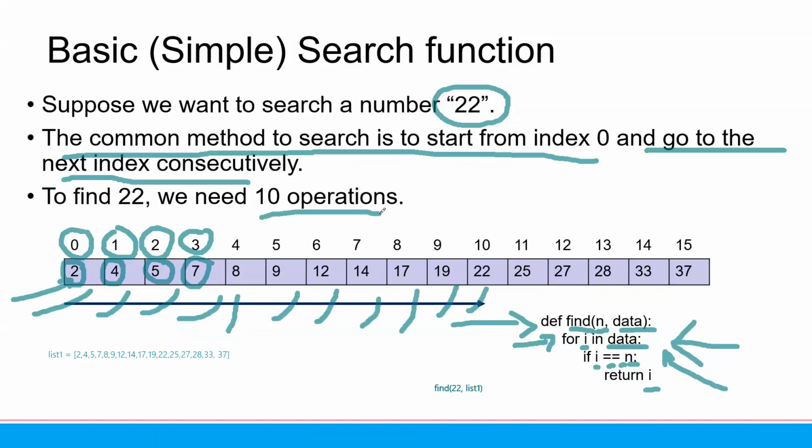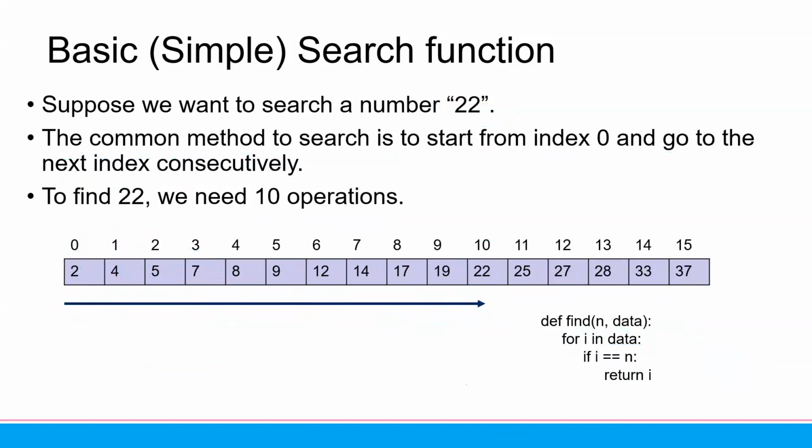It's about 10 or 11 operations to find this number. If we have 16 data, then in the worst case, you will do 16 operations. That's the simple search function.